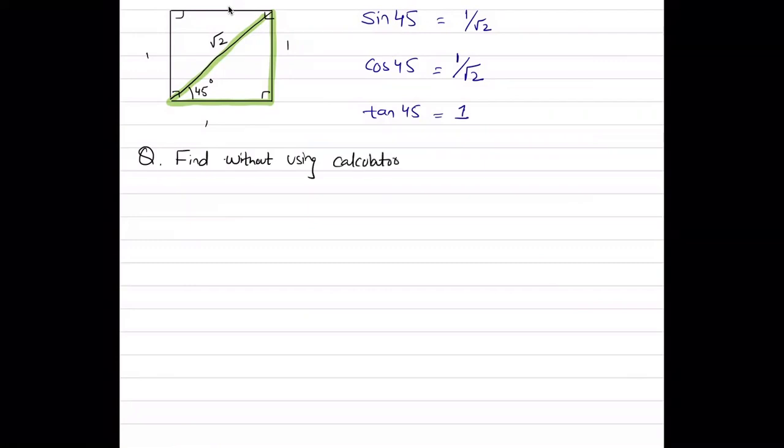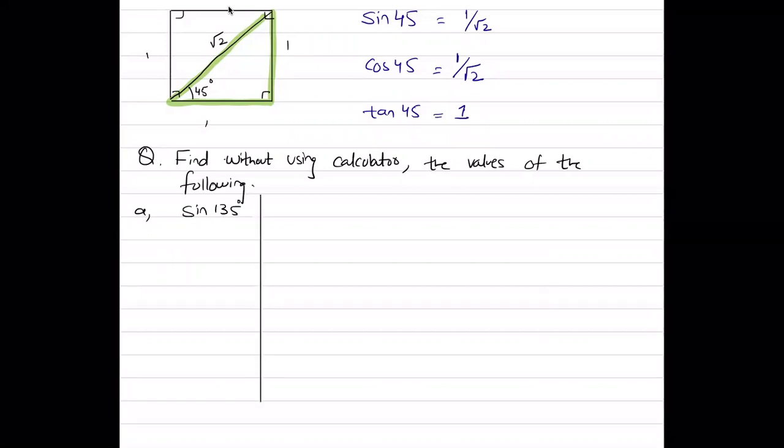Find without using calculator the values of the following: a, sine of 135 degree, cos of 135 degree, cos of 120 degree, and let's make one more, tan of 150 degree.